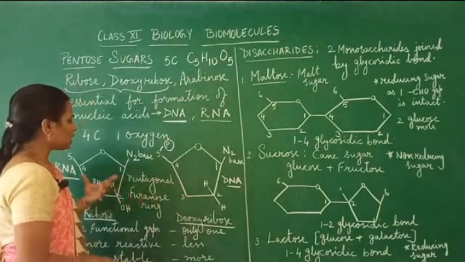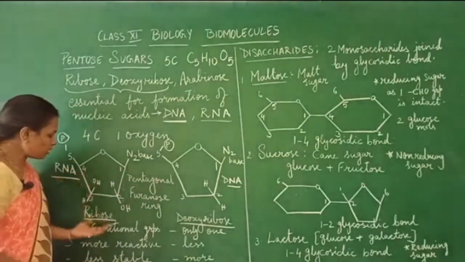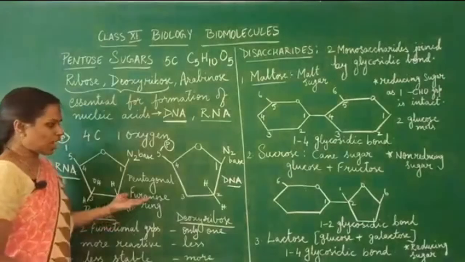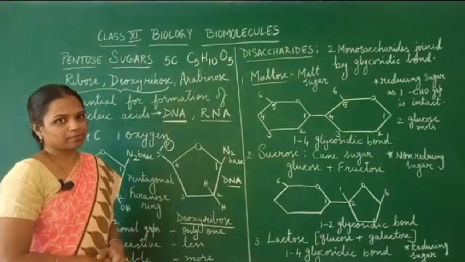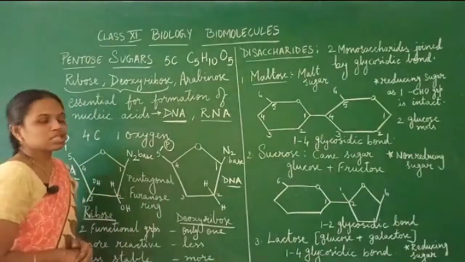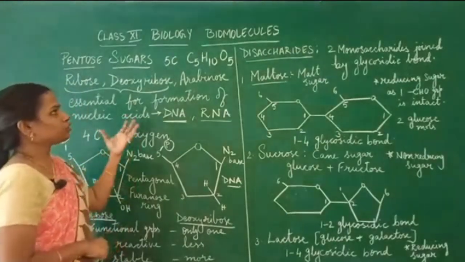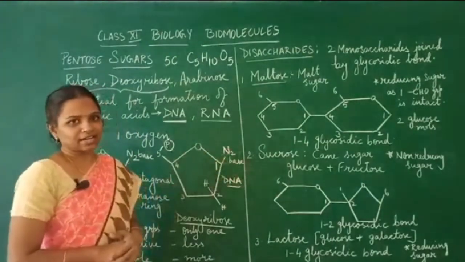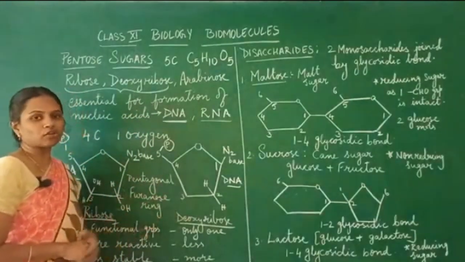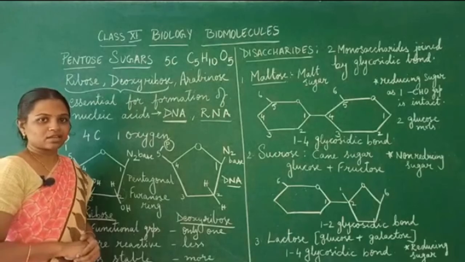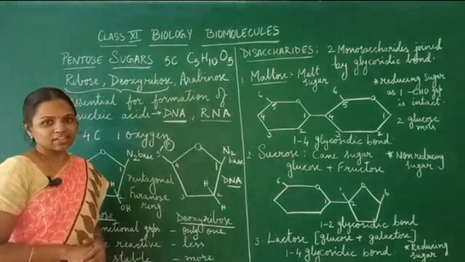So, this is how the RNA is formed based on ribose, and deoxyribose is involved in the formation of DNA. So, this is about the pentose sugars and disaccharides and how these pentose sugars are involved in the formation of nucleic acids. Hope the concept is clear for you.